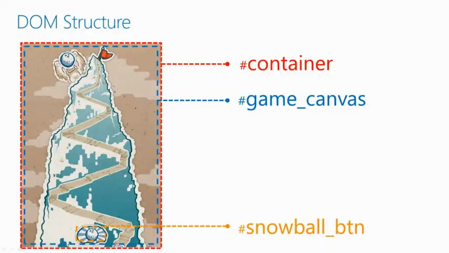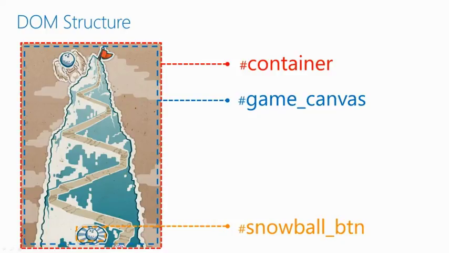Games are built generally out of a very basic page structure, so you're not going to be spending too much time building it in the DOM. For Yeti Bowl, we use an overarching container element, and that's scaled at runtime to give it proper aspect ratio as well as letterboxing. Inside the container element is the game canvas, and the width and height of the game canvas are set to the viewport size.